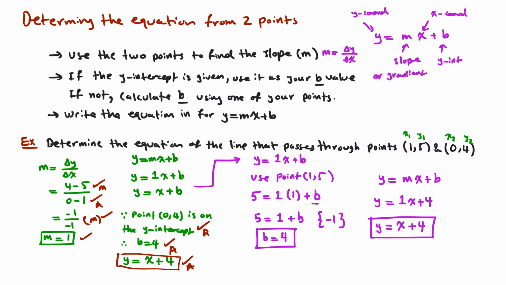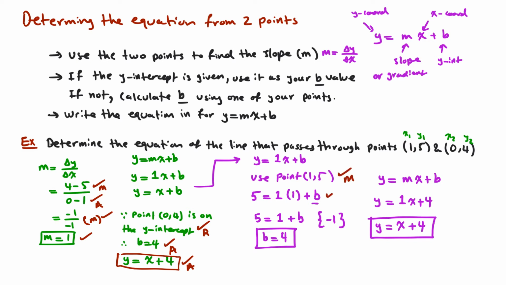If you miss that, then you have a little bit more work to actually get to the b value. And sometimes you don't have the y-intercept given to you, so you actually have to go through this process anyways. So you would have to actually say which point you're using. That's a method mark.